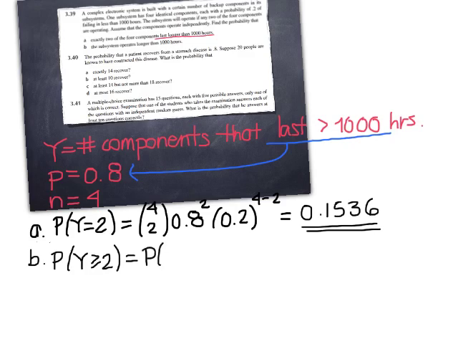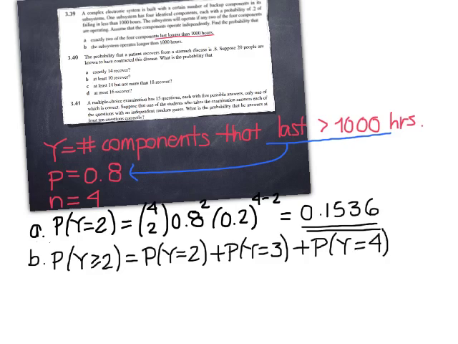So we need to have the probability of y equals 2, then the probability of y equals 3, and then the probability of y equals 4. And this is going to be the last term because the variable y goes from 0 up to n. So in this case, the highest value for y is 4.